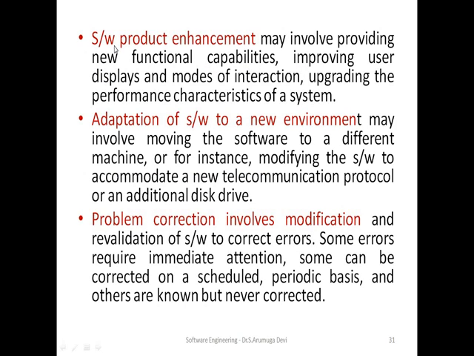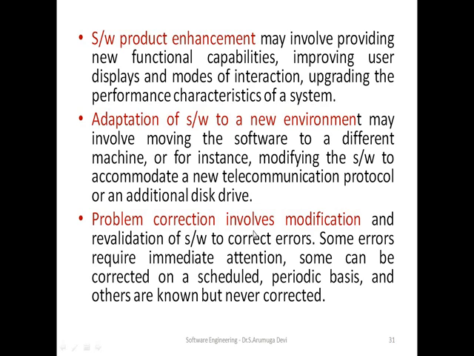Some examples: software product enhancement, adaptation to a new environment, problem correction. Enhancement may involve providing new functional capabilities, improving user displays and modes of interaction, and upgrading performance characteristics. These are new features we can provide to the software. Adaptation means moving the software to different machines, changing the OS or hardware, so adapting to the new environment.